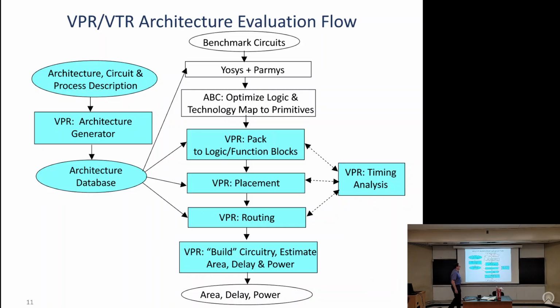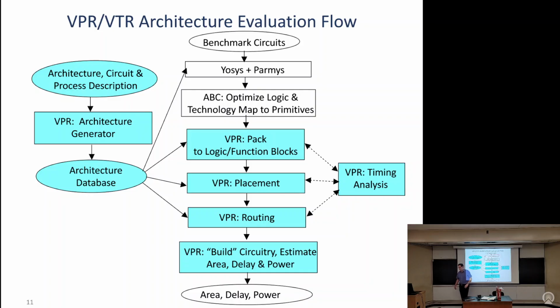So in this flow, you go into a tool called Yosys, which is basically an open source synthesis tool. It includes inside of it ABC, which is the Berkeley tool that can optimize gates and do technology mapping to LUTs. And it has a plugin called Parmys that understands basically this architecture description. So it understands the hard blocks, and it tries to use the hard blocks.